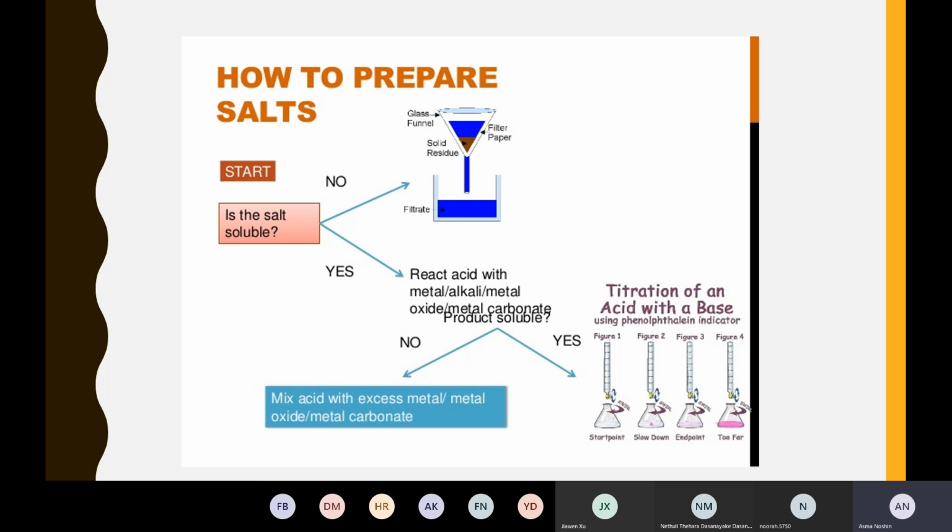And one more method, we have the titration process also. So two methods we do. If the salt is soluble, we do titration, or we do the reaction of an acid with metals, with alkali, with oxides, or with carbonates.